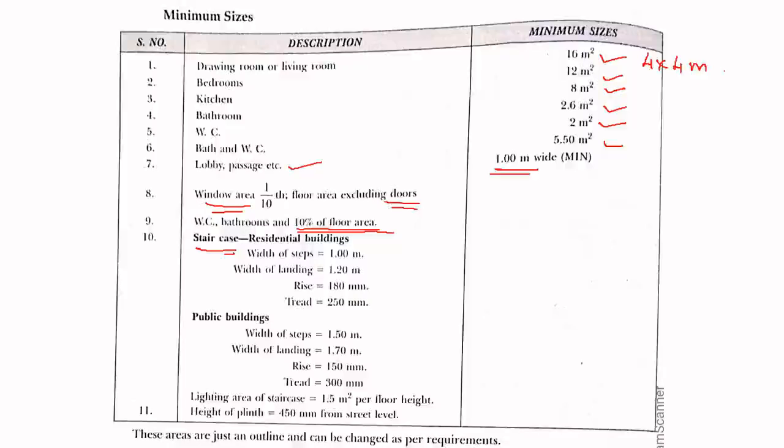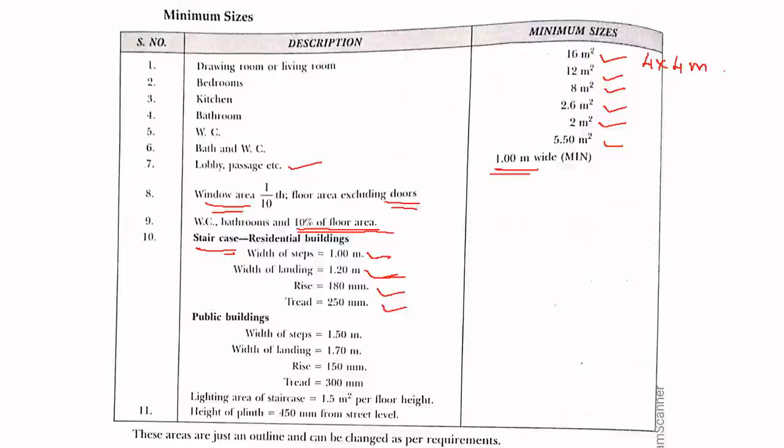Now, the staircase, we have already seen in our last class the dog-legged staircase. For a residential building, the width of the steps should be 1 meter, width of landing should be 1.2 meters at least. Rise is 180 mm minimum and tread is 250 mm minimum.